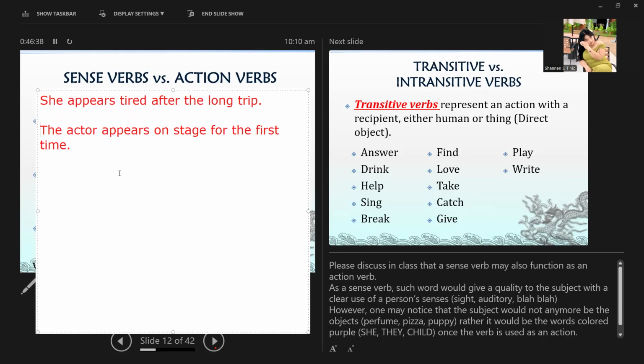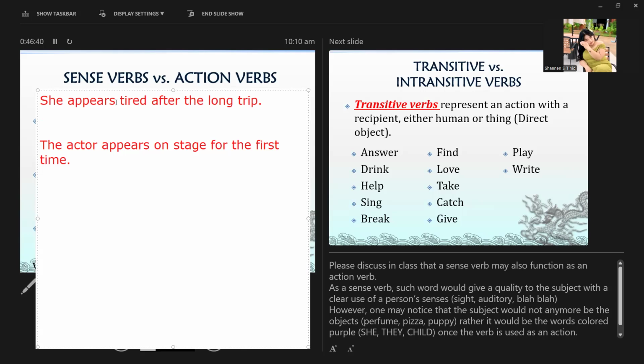So, she appears tired. It describes her appearance. So, di ba sense of sight? So, pag tinignan mo siya, mukha siyang pagod. She appears tired. That's why it's a sense verb. Okay?